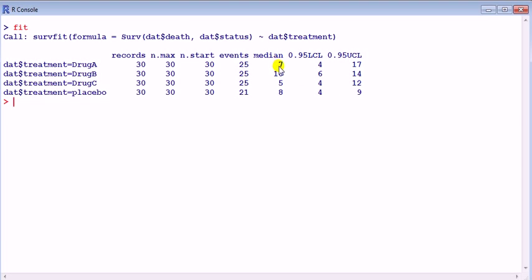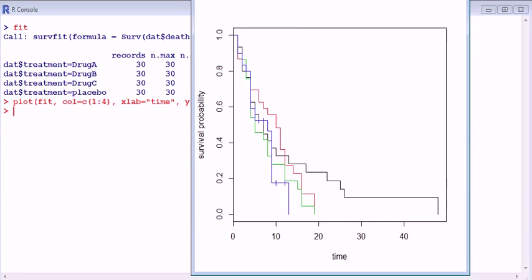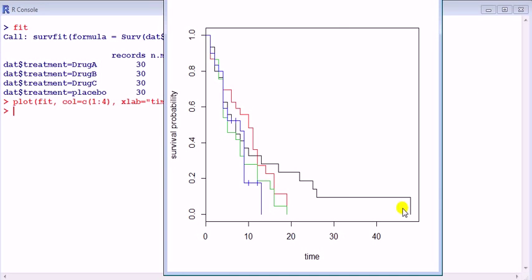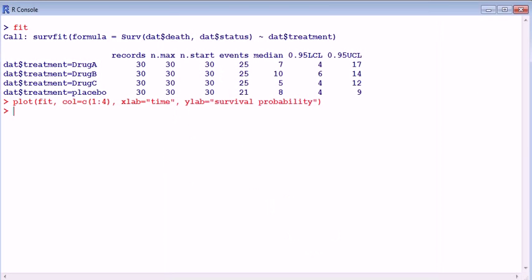Now when I first looked at this, it kind of struck me because when we looked at the plot, do you remember that for A it goes way out here, compared to the other ones? So why is the median pretty much in line with all the other ones?